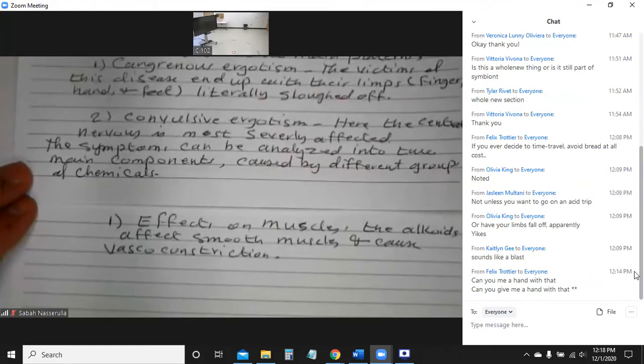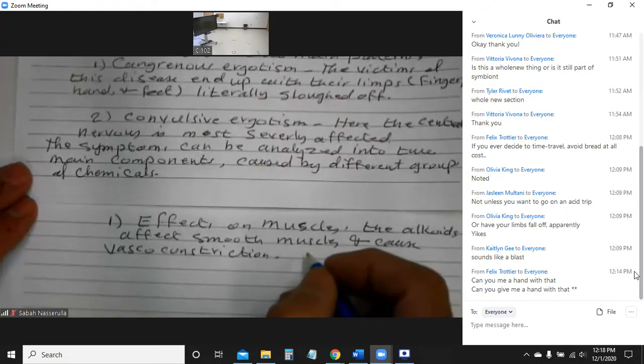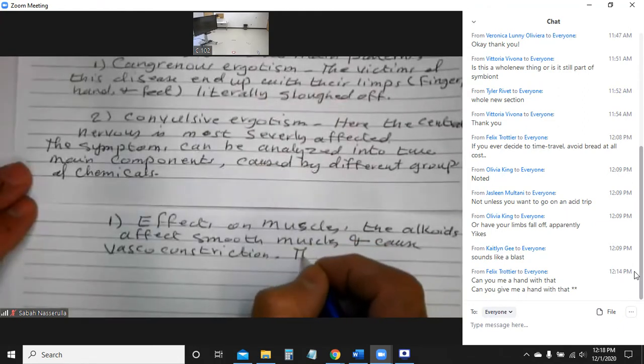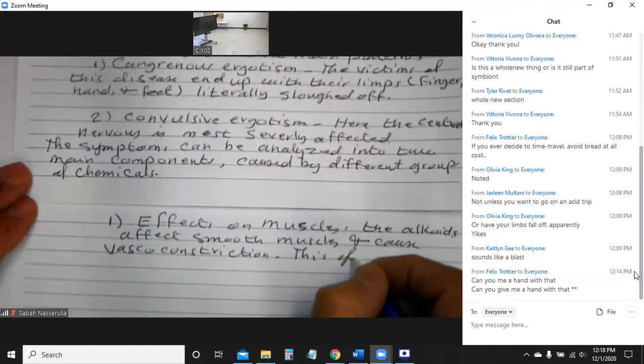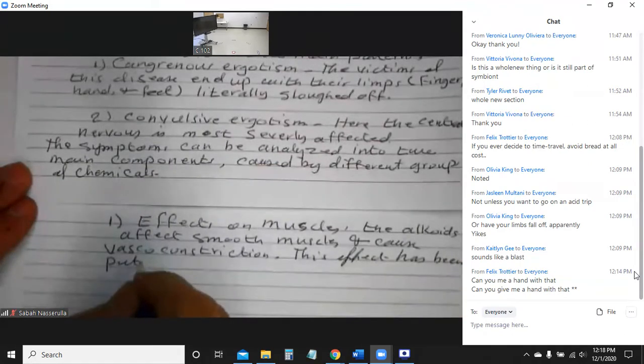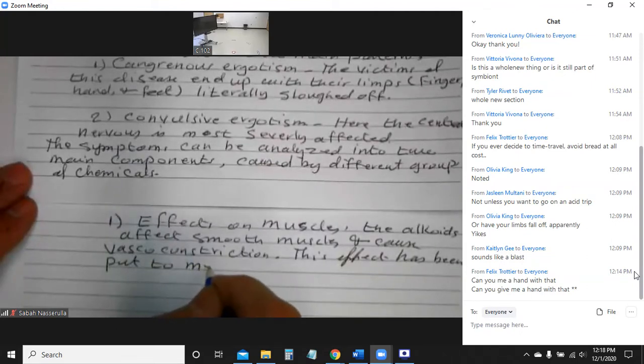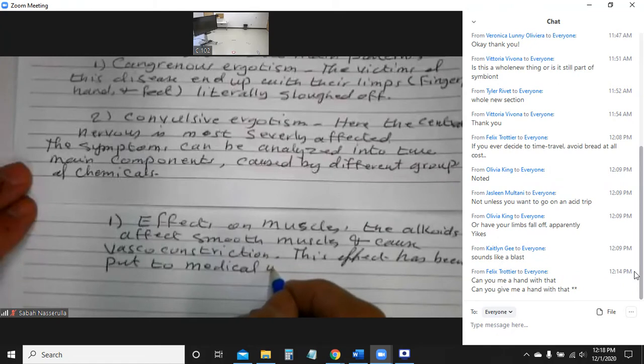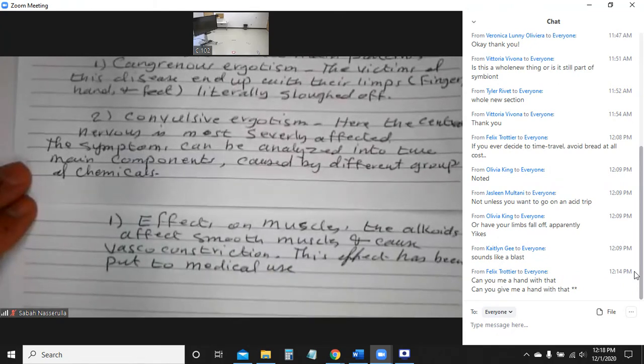Sometimes these compounds were later put to use in some medicine. This effect has been put to medical use in two areas.